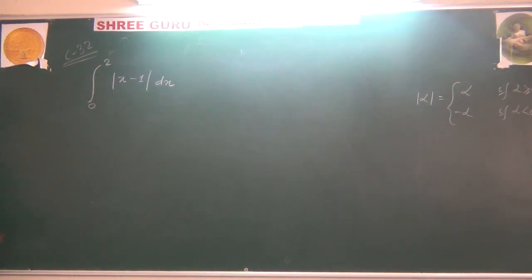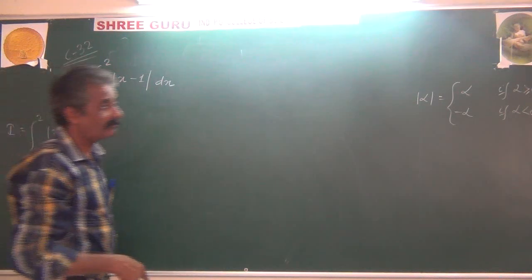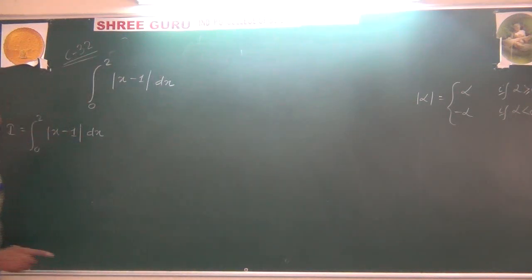Let I equal to integration 0 to 2 modulus of x minus 1 dx. But directly you cannot integrate. We have to analyze the modulus correctly using the definition of modulus of a function. Means you have to analyze when x minus 1 is positive, when x minus 1 is negative.